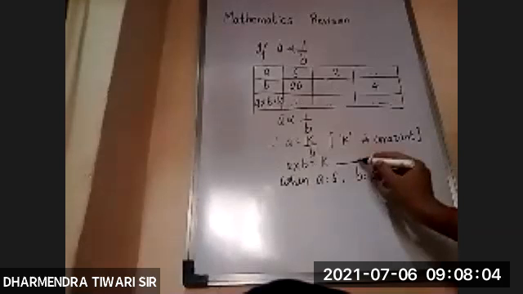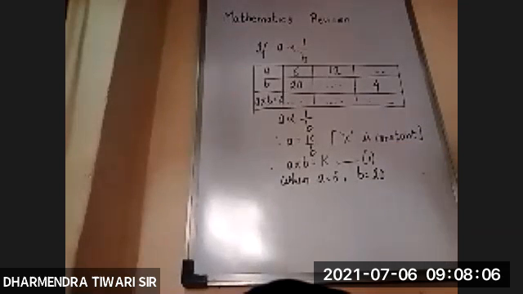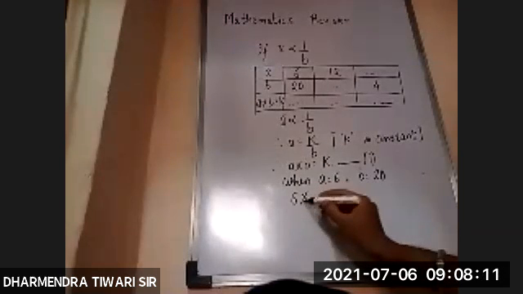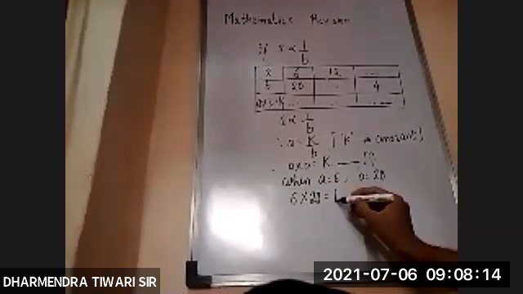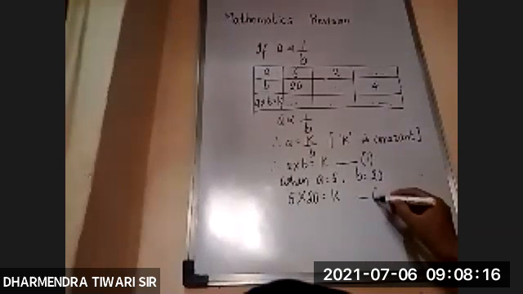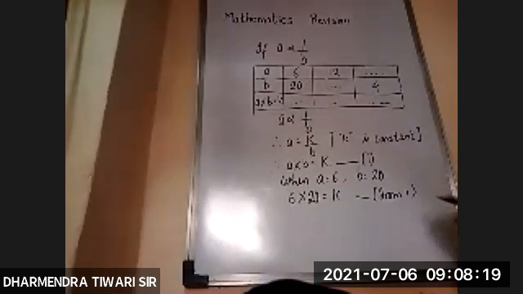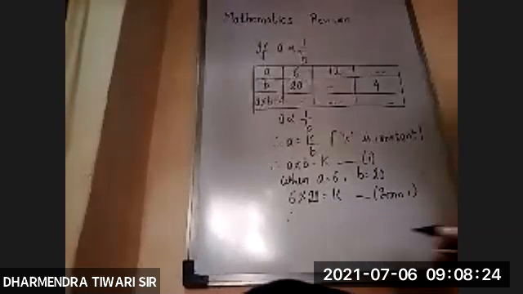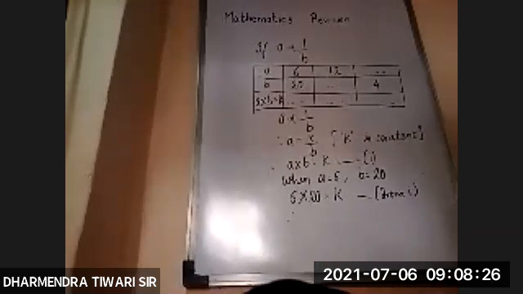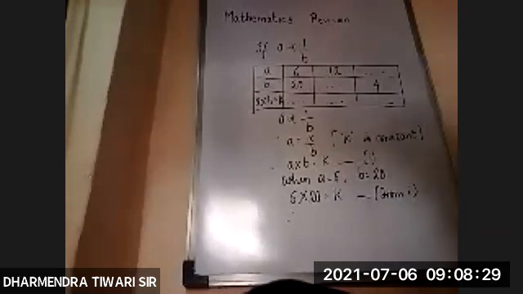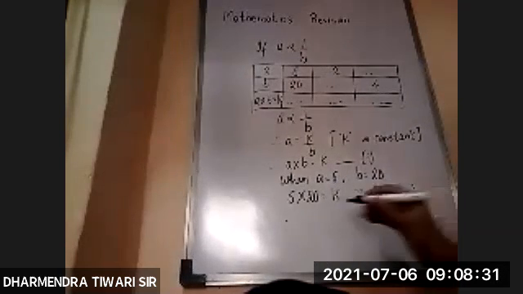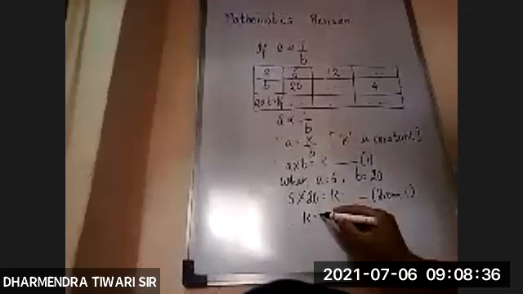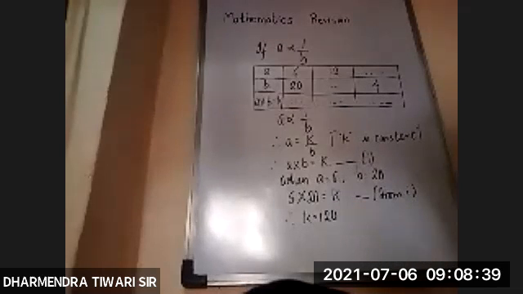Substitute the value and give it a name as equation 1. From equation 1, with the value of A as 6 and B as 20, we get K. Therefore, K is equal to 6 into 20, which is 120.